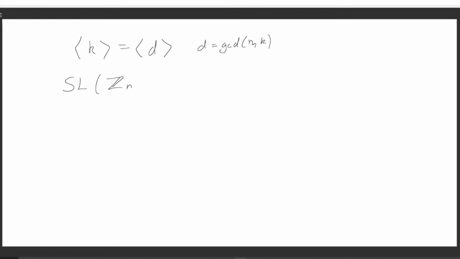If I use that subgroup lattice notation, what does this tell you about the subgroups of Zn? What are all the subgroups of Zn? Yes, if you take any divisor of n, definitely that will generate some subgroup. In fact, any element of Zn generates a subgroup, but specifically, a subgroup can be written as being generated by a divisor of n. Why? Because of this. This is a divisor of n.